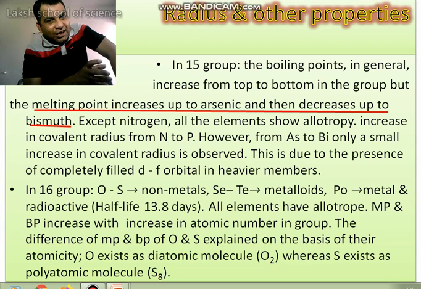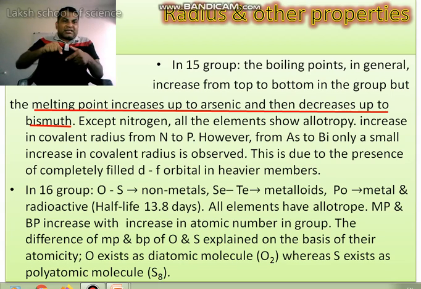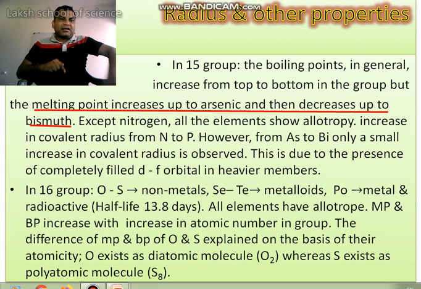They have intermolecular attraction, and that will break earlier, and that's why the melting point from arsenic to bismuth will decrease. This is due to the presence of completely filled d and f orbitals in the heavier members. Why is this happening?